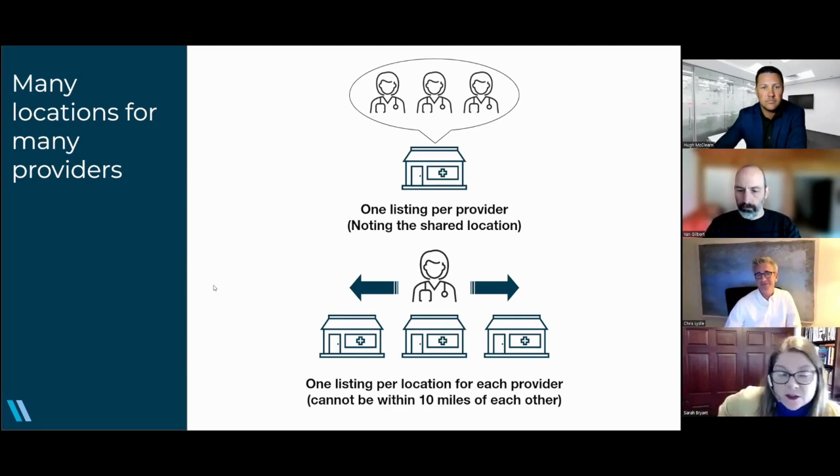And Yan had mentioned too that there are little things that affect how Google looks at these profiles, such as the hours. So it's important that if you're at a location on Tuesdays and Thursdays, that profile mentions that, because if you get overlap of a particular person at multiple profiles, that can cause some issues too.